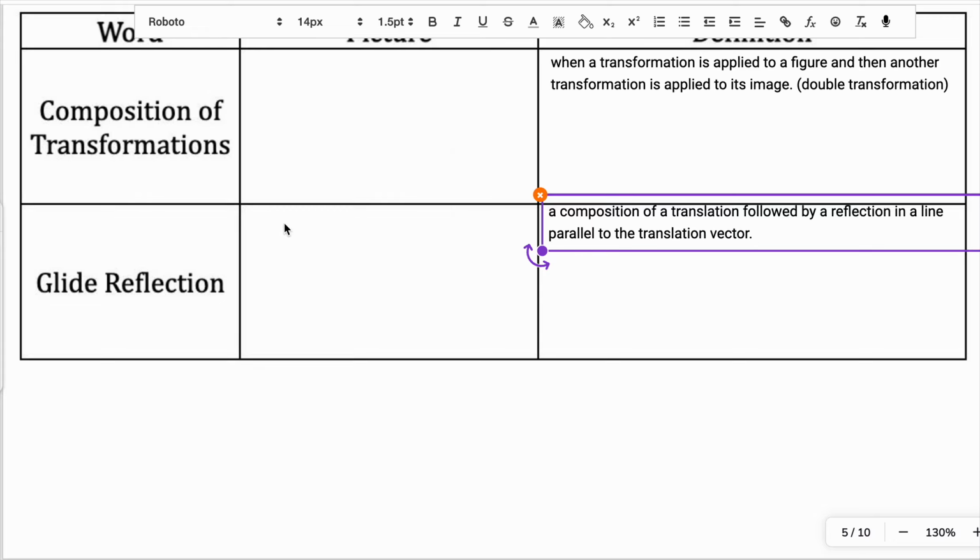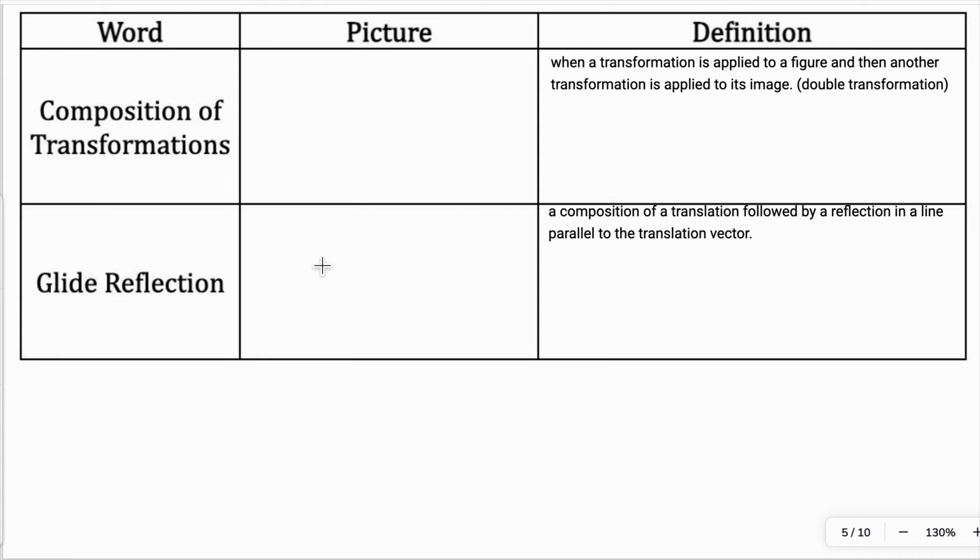Okay, so I'm going to draw an example of a composition of transformations, which is also going to show a glide reflection. So say, for instance, we have triangle ABC, and we're going to translate that figure maybe 4 to the left. So A prime, B prime, and then C prime, okay?